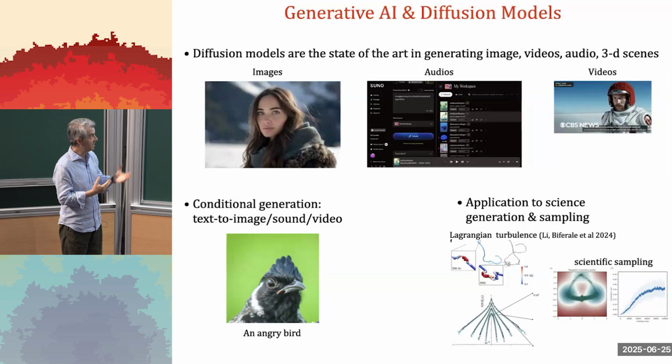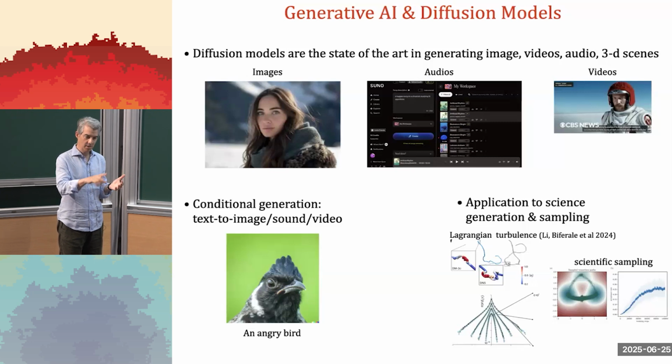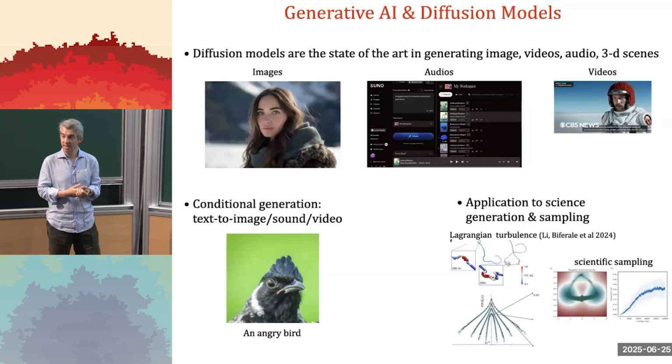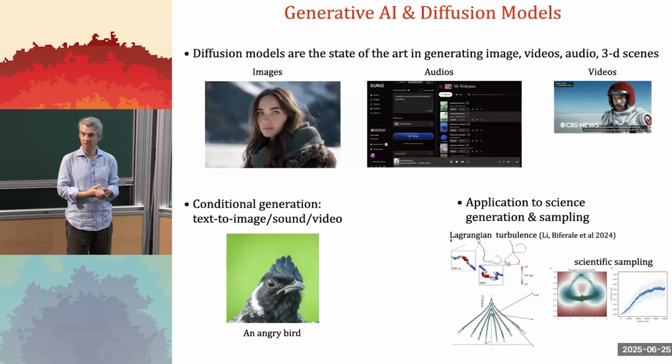So what they did is they studied the case of Lagrangian turbulence, and they show that they can create with this machine, short-circuiting completely all the simulation, a trajectory that has all the nice multifractal properties that you find in turbulence.